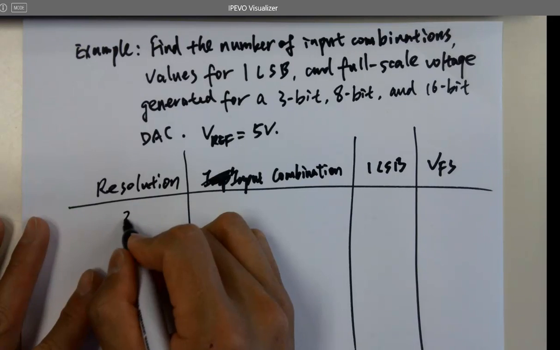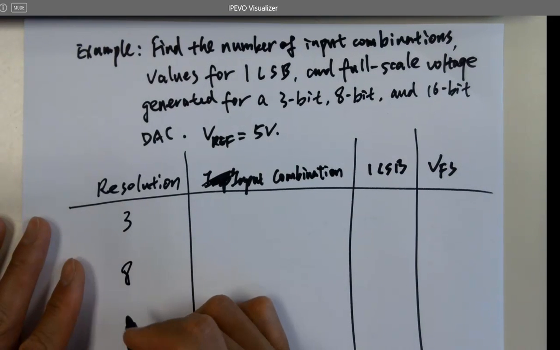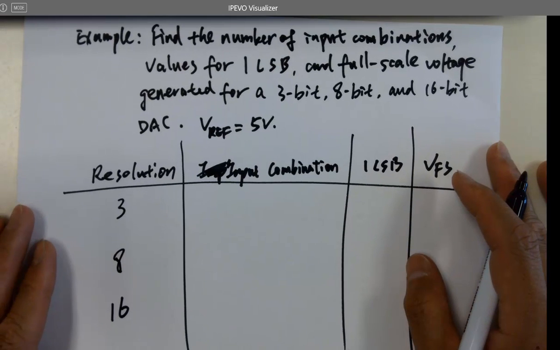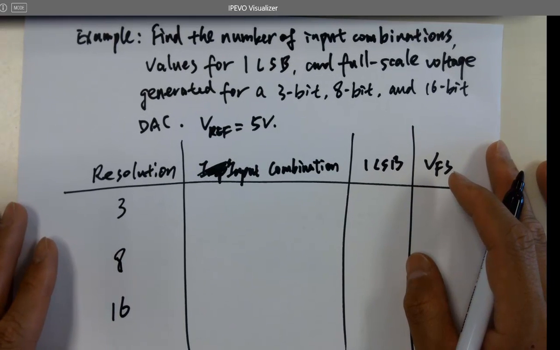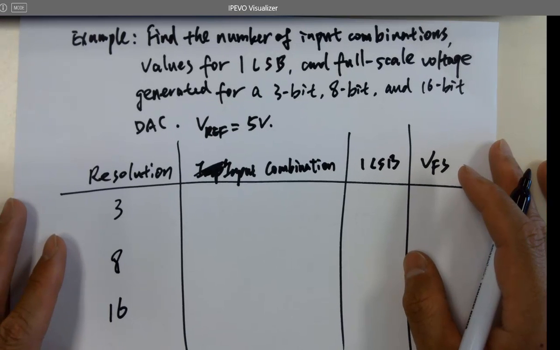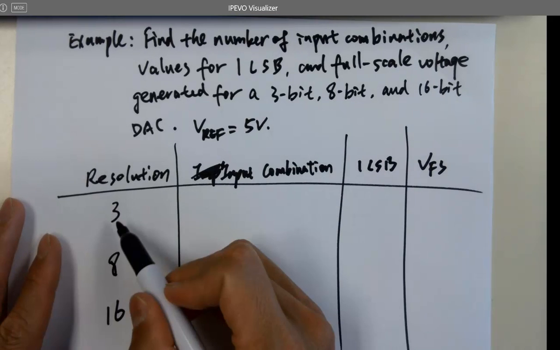Resolution 3, 8, 16, what? Bits. How many input combinations can you have for a 3-bit DAC? How many input combinations?